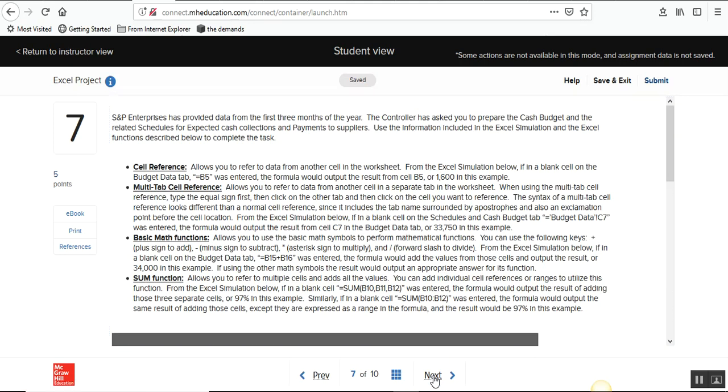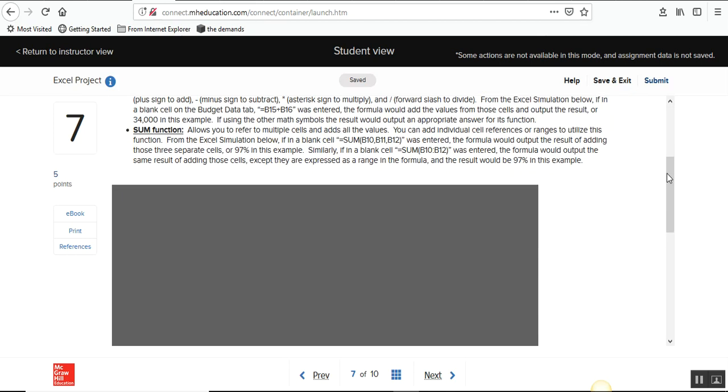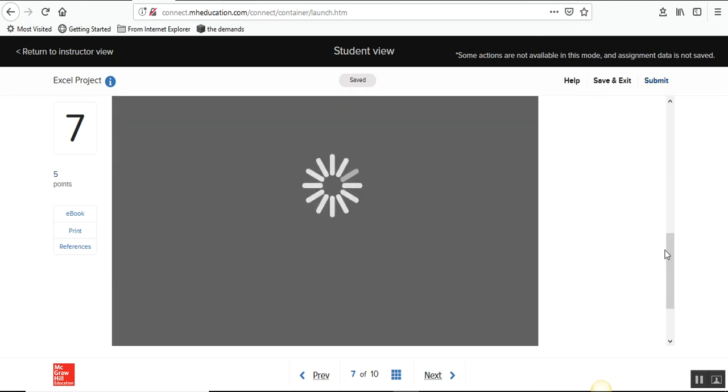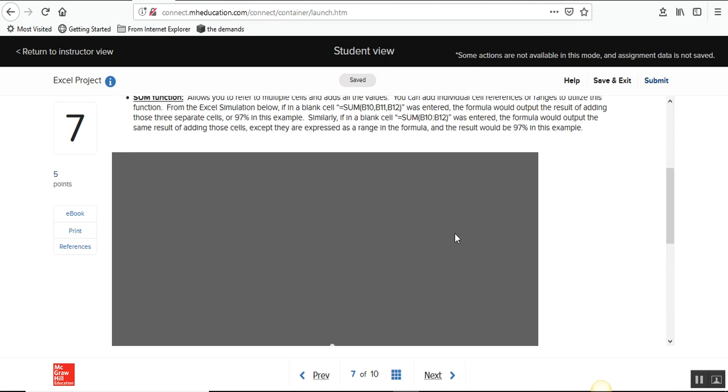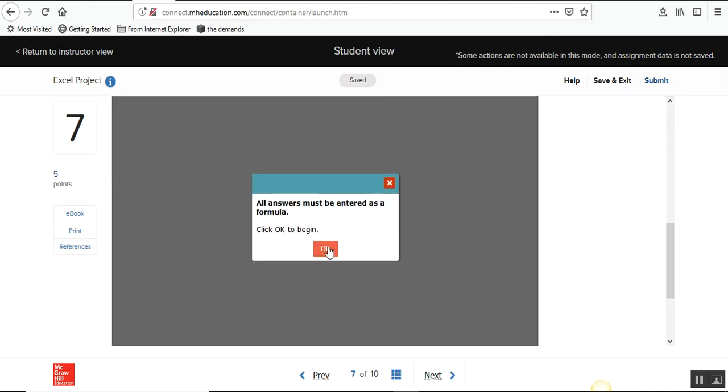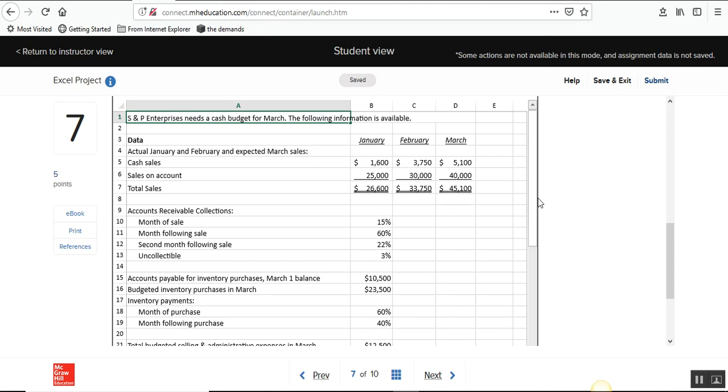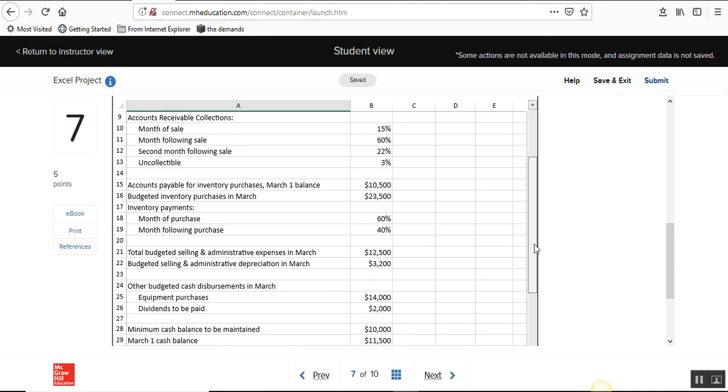In the seventh one, we're going to do a budget. We're going to do a cash budget. And this is very similar to what we were doing in chapter 8, so this should be familiar to you. If you have any questions about doing a cash budget, you can look back at that video and also the Foundational 15. That will help you.